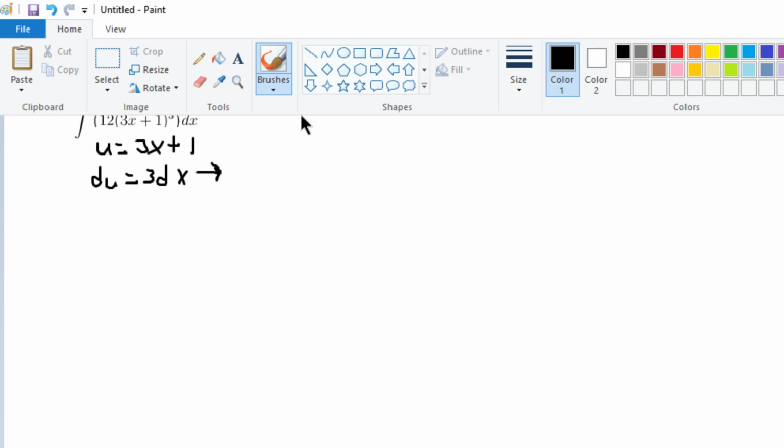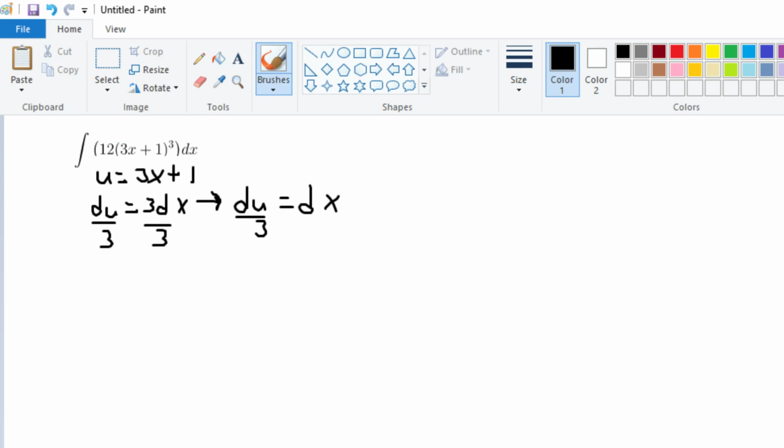To do this, we have to do algebra. We're going to divide by 3. If we do one thing to one side, we have to do it to the other. So we're going to divide by 3. What this does is now we have du divided by 3 is dx.